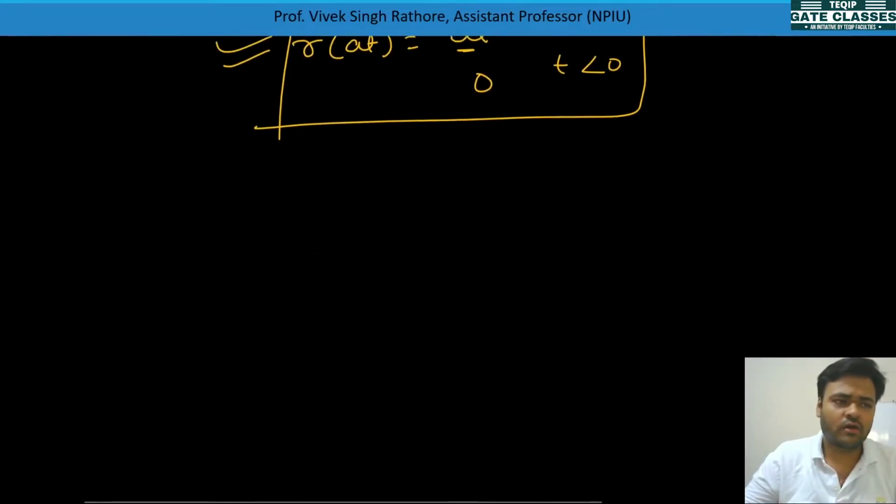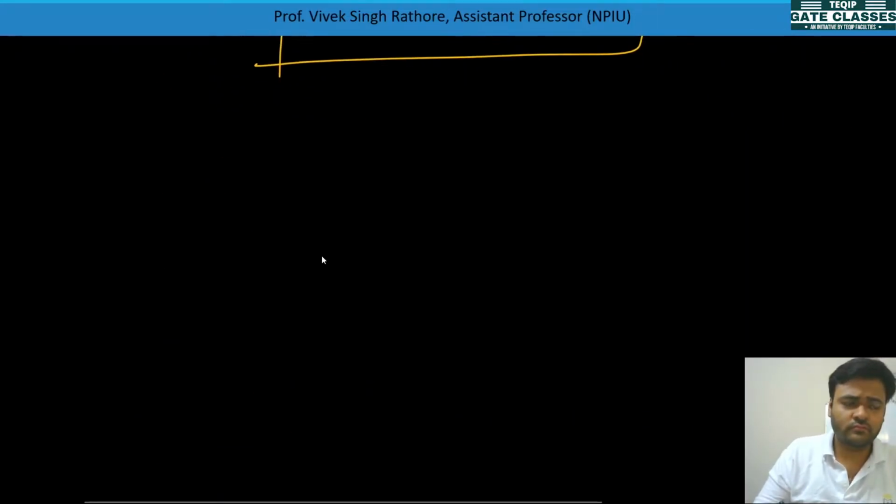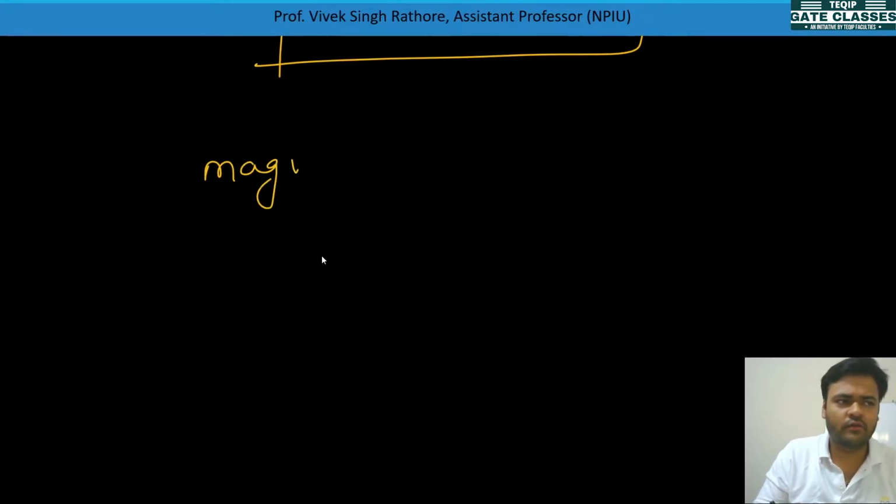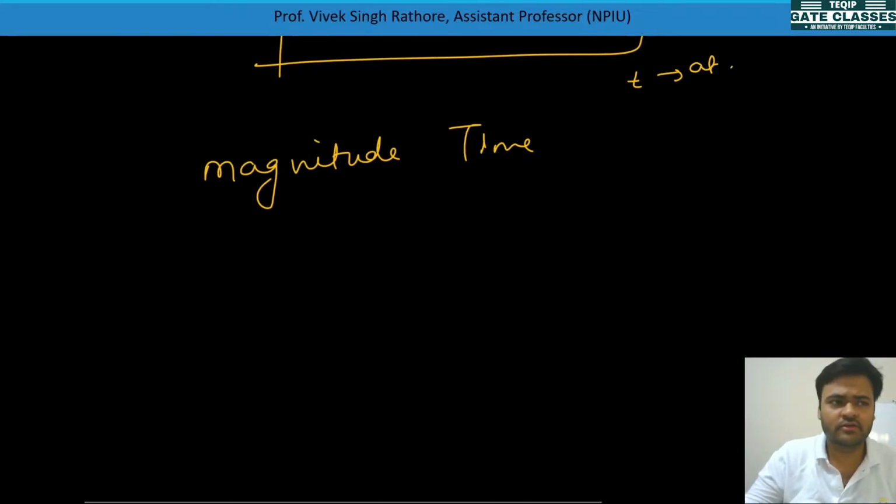Now let's suppose magnitude scaling. Earlier, in time scaling, we changed t to at. Now we are just multiplying some scaling factor in front, and that is called magnitude scaling.